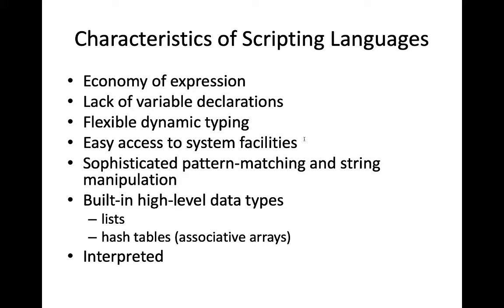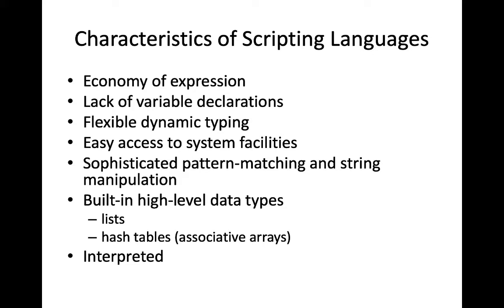Basically, they are trying to allow you to write a program with far fewer lines than you would be required to write for a compiled program. They accomplish this in a number of ways. First of all, scripting languages in general don't require you to declare your variables. You can, but they don't require you to. So essentially, the whole part where you declare a variable and its type goes away.